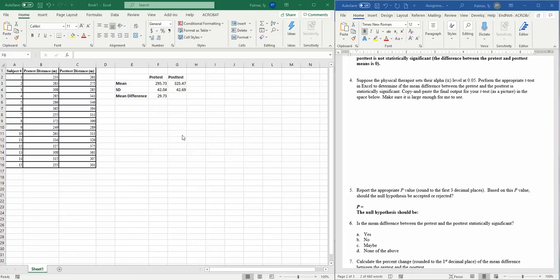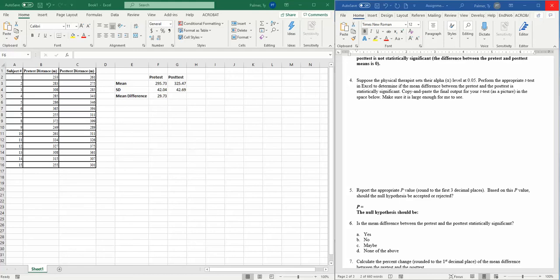An independent samples t-test is when we compare 2 different independent samples or 2 different independent groups. When we test the same group of subjects and we test them twice, that's when we perform a dependent samples t-test, also called a paired t-test.